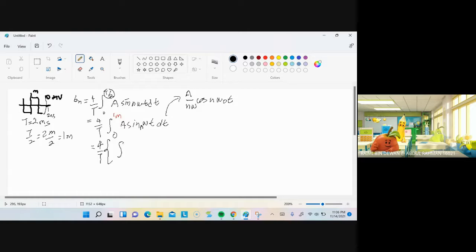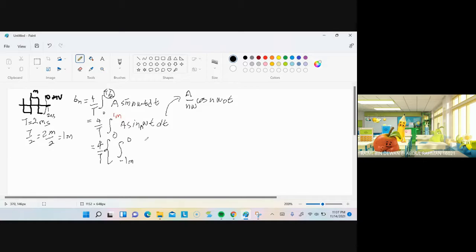Integrations. Integration of negative 1 to 0, the time, negative 1 to 0, which is here is 1 milli.